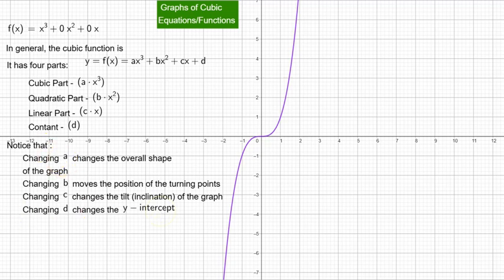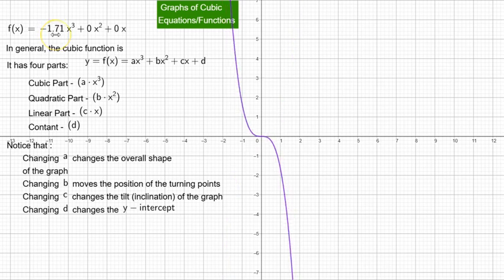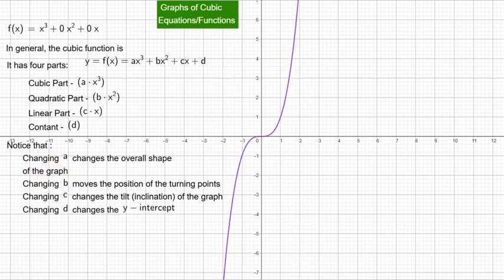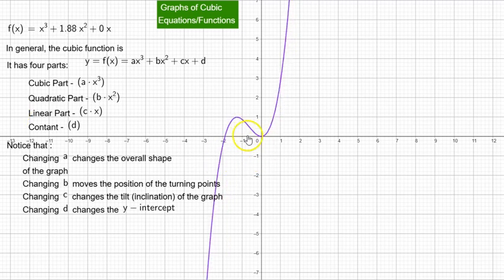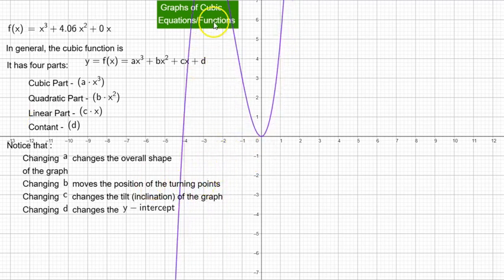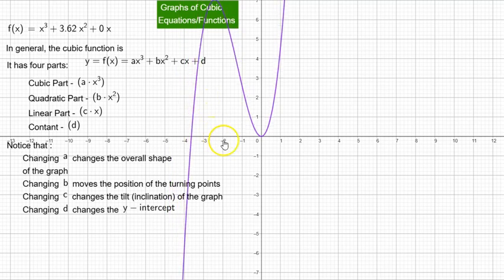Let's change a continuously. Do you notice the shape of the graph itself is changing? Let's change b now continuously. It changes the position of the turning points.